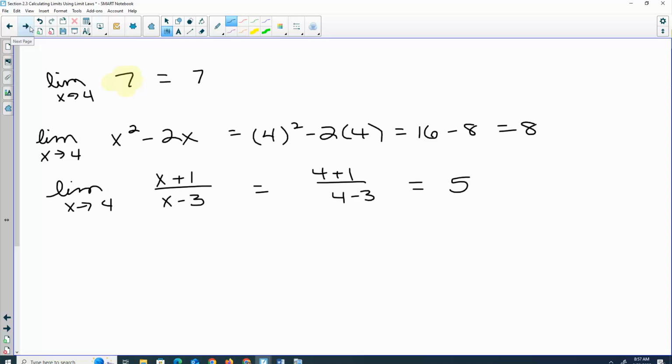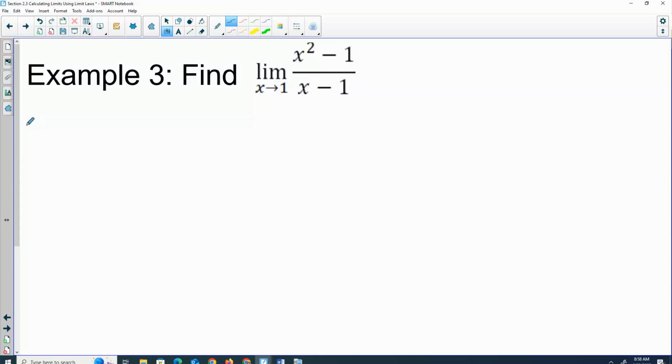Let's look at the next example. So take a look at it on your own first and decide, can I just use my direct substitution property? It's a rational function.